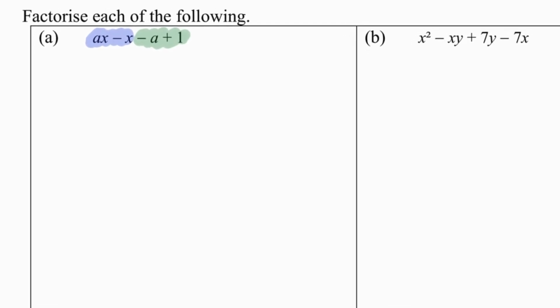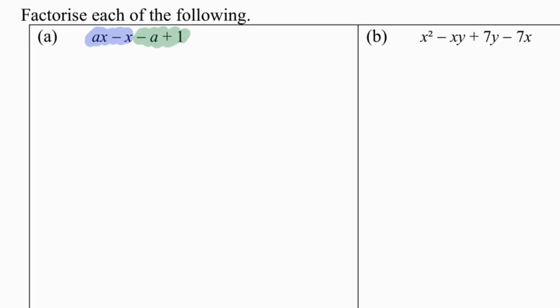Then from here, I try to sieve out the common factor. So let's see. So this one, I do see that the common factor is the variable x. Yes, x is the common factor. And I'm left with, wait a minute, I've taken out x, I'm left with, yes, 1.